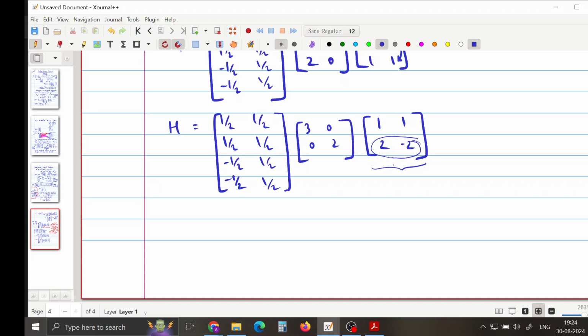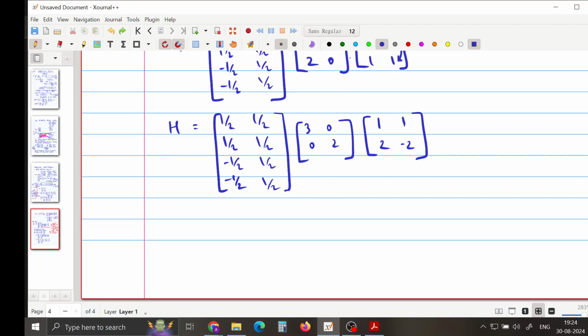So you can reduce this if you divide this second row by 2, it gets simplified. The second row then becomes 1 and minus 1, but you have to make sure that the overall product remains unchanged.